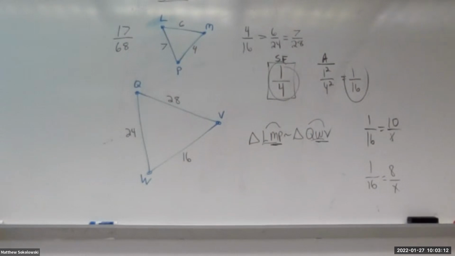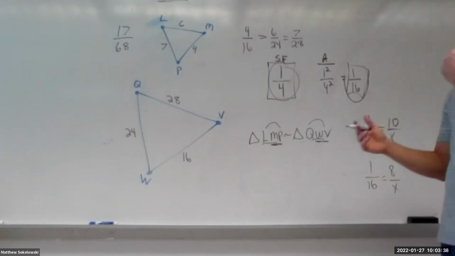So whenever you're finding area, you need to find the ratio of the areas. Whenever you're finding a side length, you need to find the scale factor. Whenever you're finding perimeter, you also use the scale factor because the ratio of the perimeters is the same as the ratio of the scale factor. So whatever you're trying to find, that's the ratio you need to use. When we're finding areas, you have to use the ratio of the areas, which is what we did there.